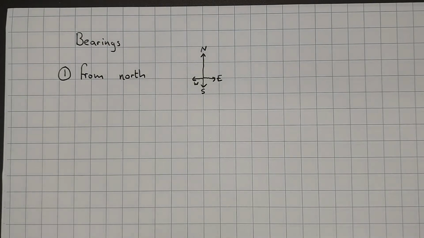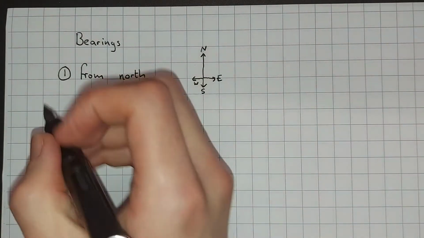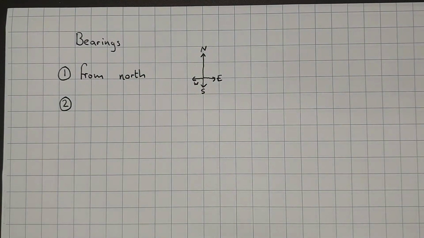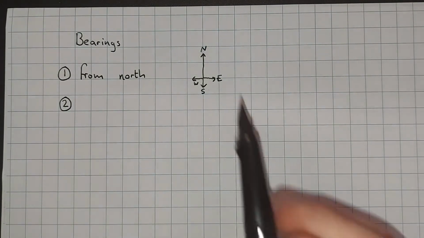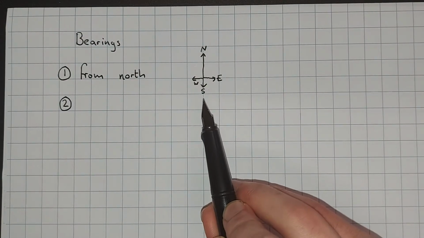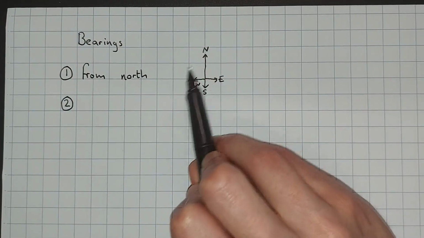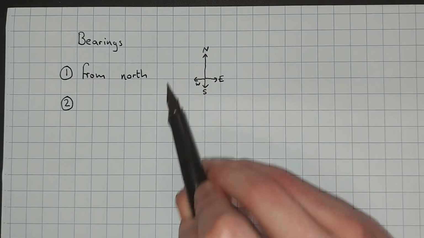So the first thing is, whenever you're giving a bearing, it's always measured from north. Number two. If we're talking about the direction of one thing to another, we are talking about angles. Given that we're measuring the position of something from north, we could either go in this direction or this direction, so clockwise or anti-clockwise.